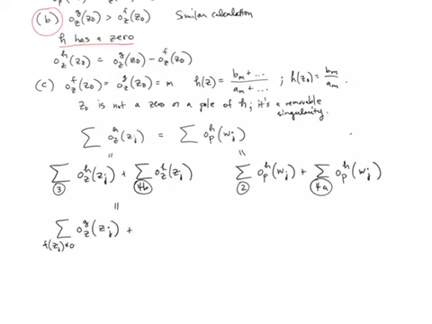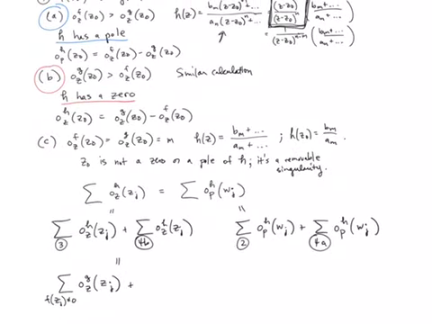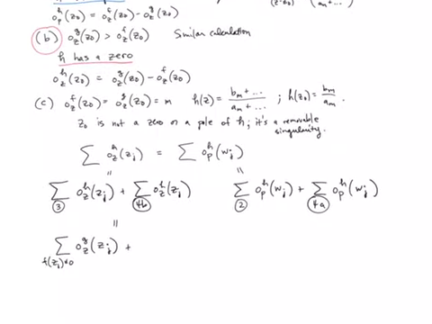And then in 4b, the order of our 0 of h is the difference of the orders of the zeros, the order of the 0 for g and the order of the 0 for f. So this is the sum of the order of the 0 of g at that z_j minus the order of the 0 for f at z_j.